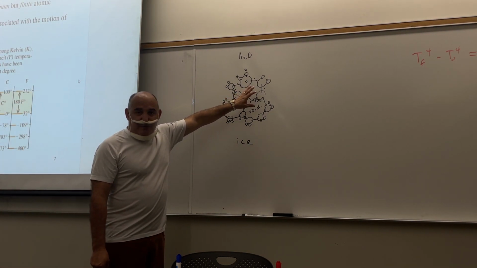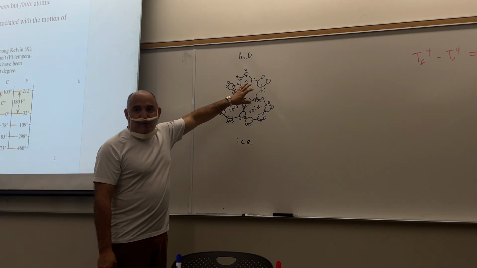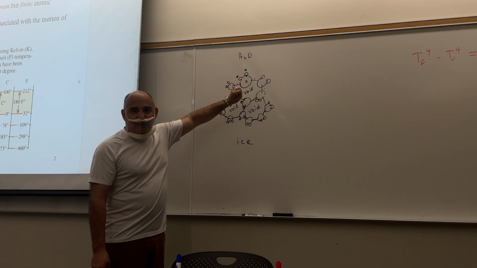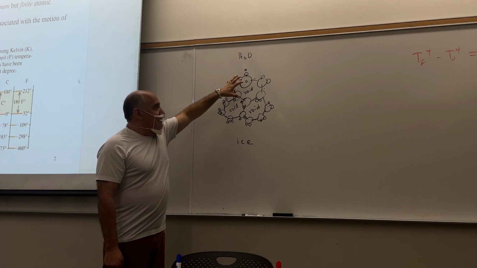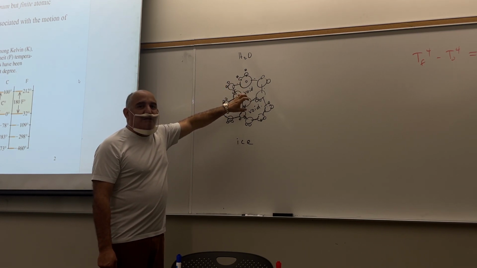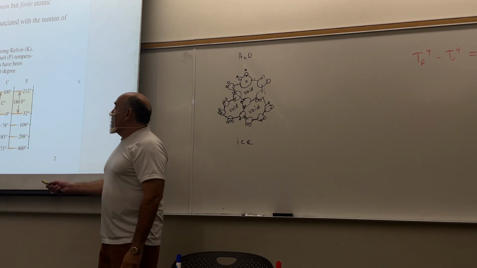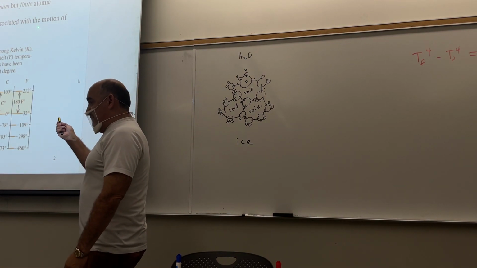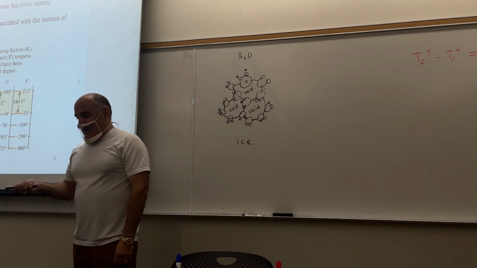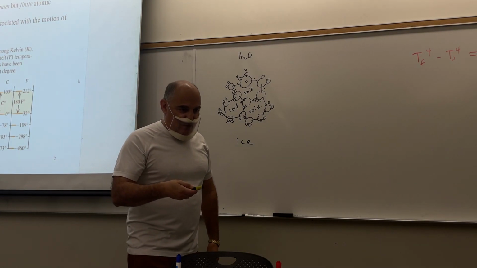Compared to the motion of these molecules at higher temperatures, at 0 Kelvin they jiggle the least. But they still jiggle, is my point. So, minimum but finite, not minimum and 0.